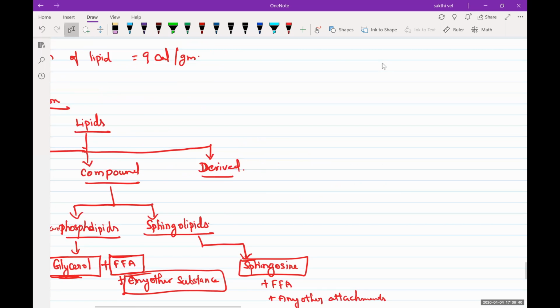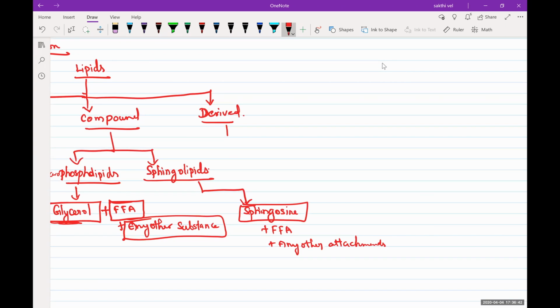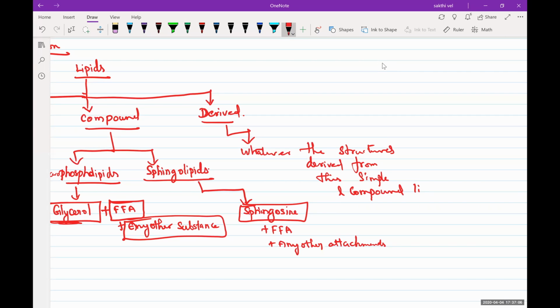Next important thing is your derived lipids. Whatever structures are derived from simple and compound lipids are your derived lipids.